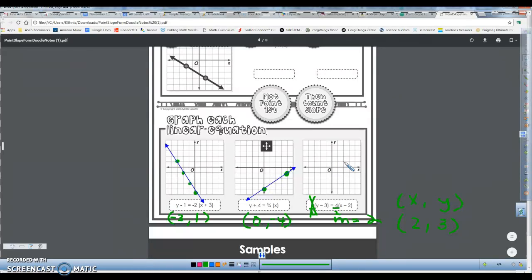So I start at 2, up 3, and we said when we divided by that 2 on both sides that my slope was 2, so I can go up 2 over 1, or down 2, left 1, like so. And I would draw my line through all of that chunk. Okay?